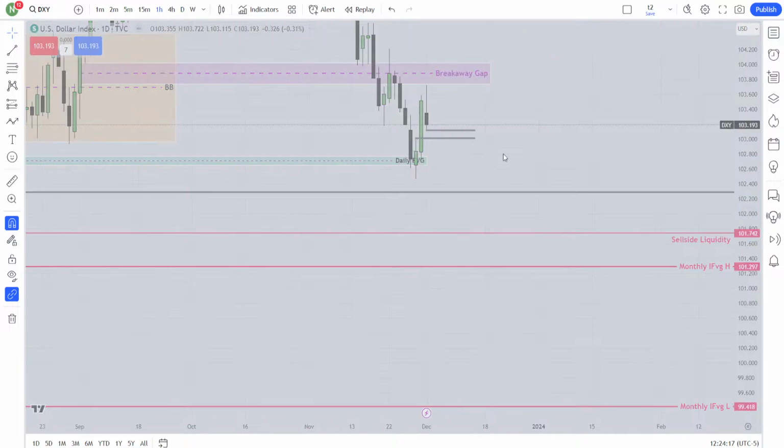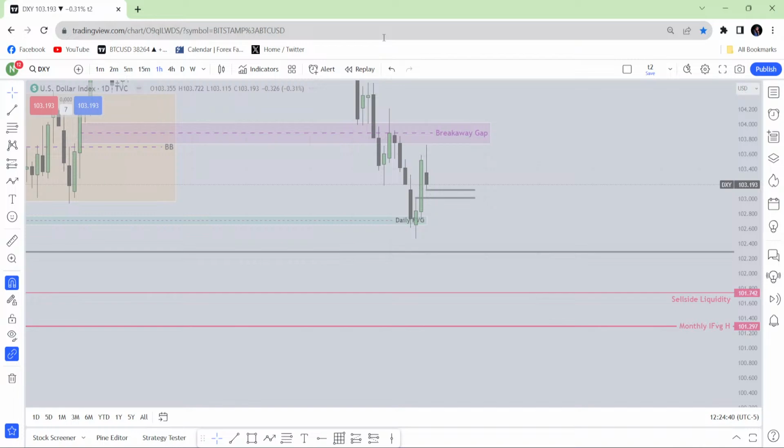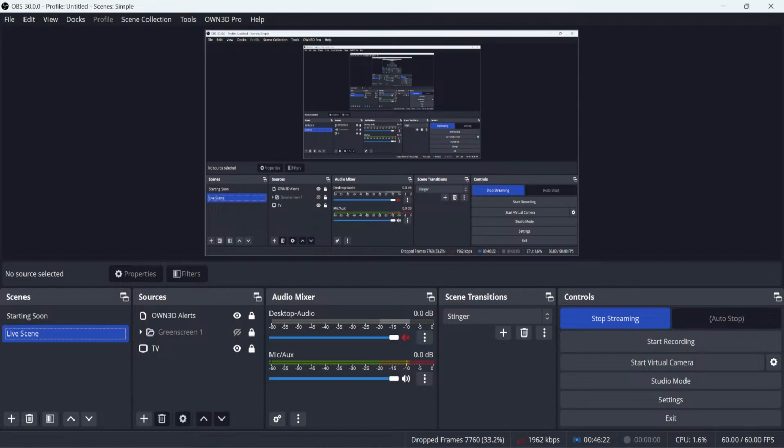Now from hourly chart, I would love to go to hourly chart. Oh fuck, I don't think I can continue today's stream.